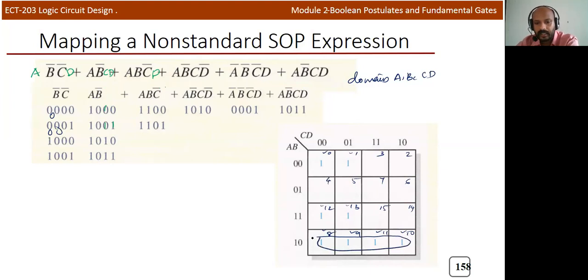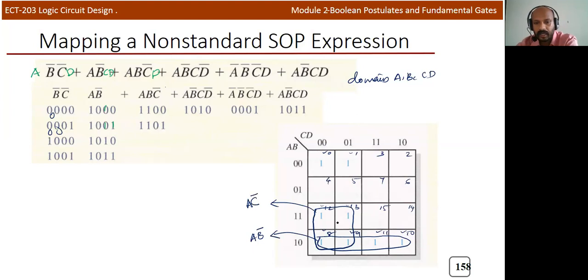If you write the corresponding term, the common term here is 10, so 10 corresponds to A B bar. Now we can look at here. Here is again a group of 4. If you consider this group, row-wise the common term is A, and column-wise the common term is C bar.